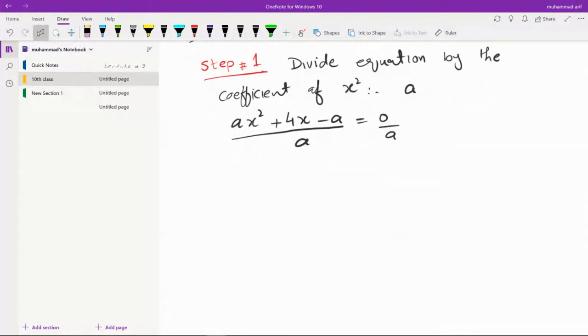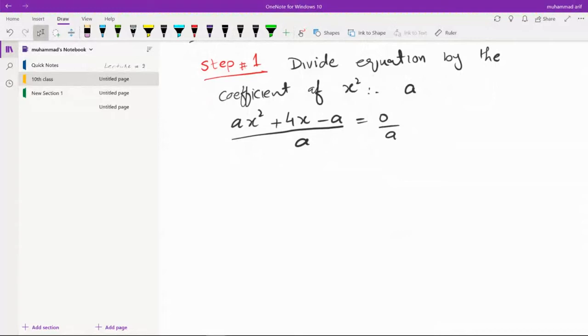Now we cancel a by a. Remaining terms are x square plus 4 by ax minus 1 equals to 0.